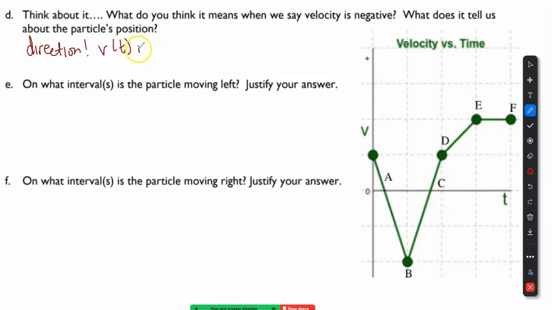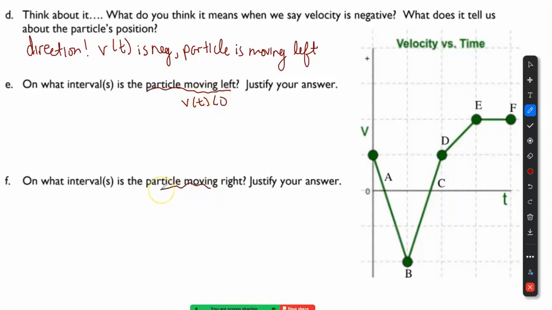So when the velocity is negative, the particle is moving left. We will not have up and down or vertical particle motion. We'll just be moving left or right. So the particle is moving left when velocity is negative. The particle is moving right when velocity is positive.